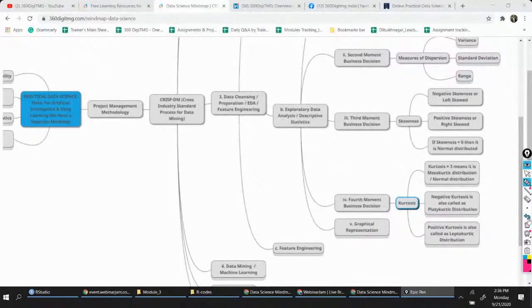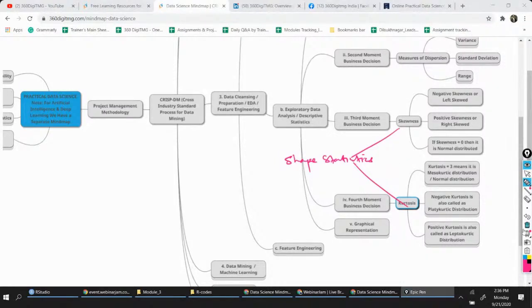So these are your shape statistics. Skewness and kurtosis are known as the shape statistics because they are talking about the shape of the distribution of the data. And how do I interpret the shape? We interpret the shape by visually inspecting the data.